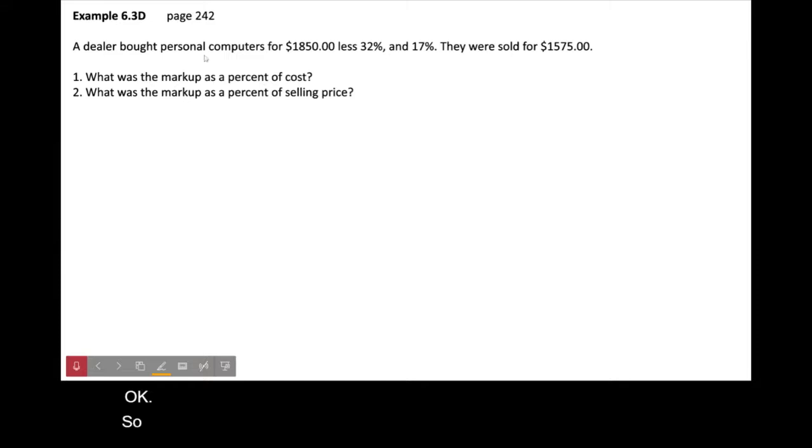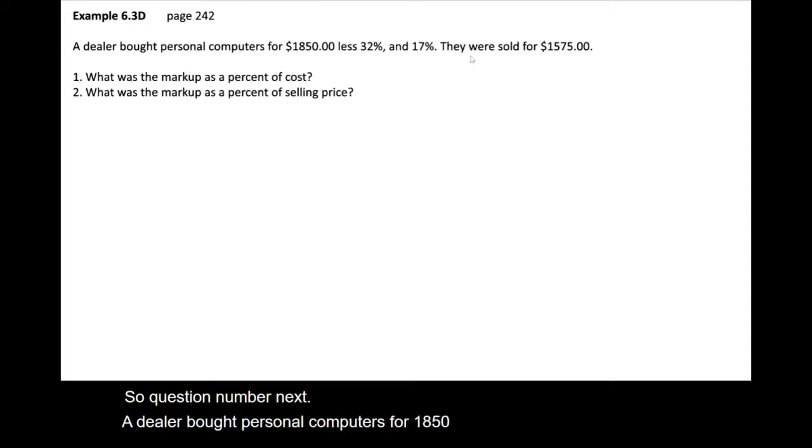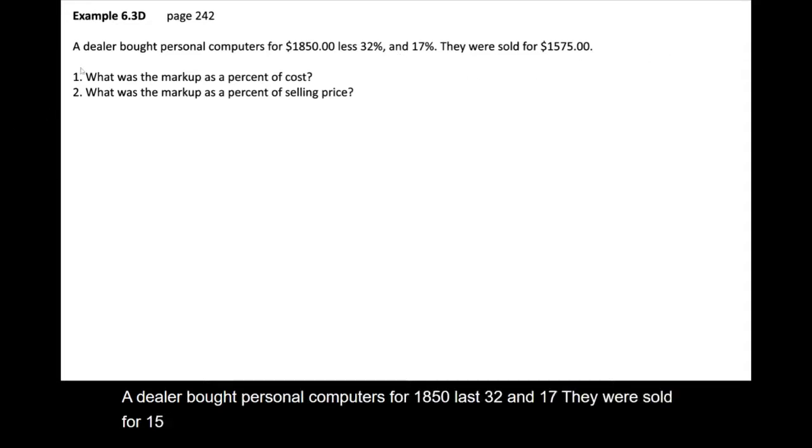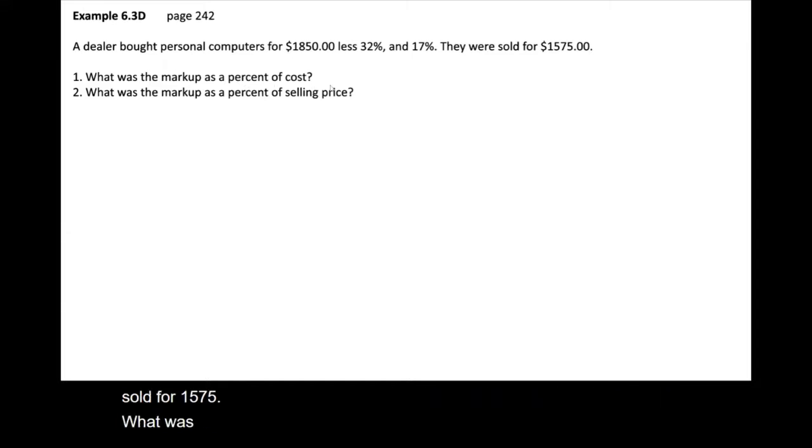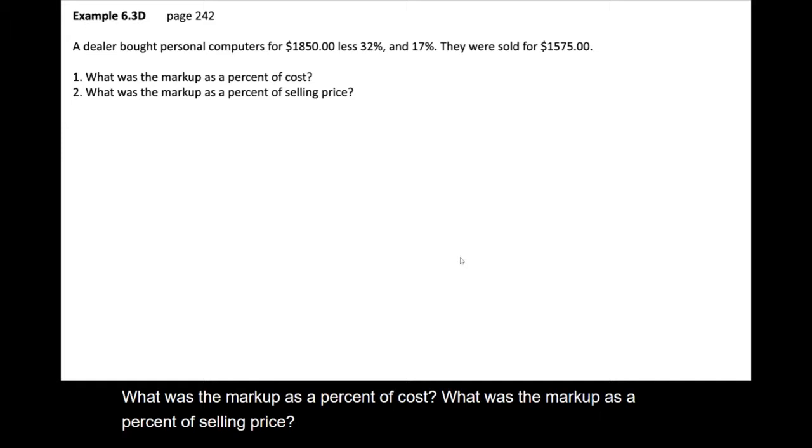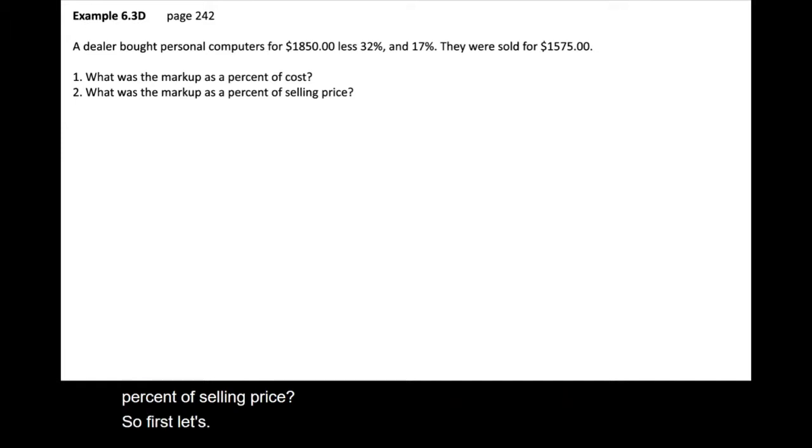So, next question. A dealer bought personal computers for 1850 less 32 and 17%. They were sold for 1575. What was the markup as a percent of cost? What was the markup as a percent of selling price? So first let's analyze what we know.